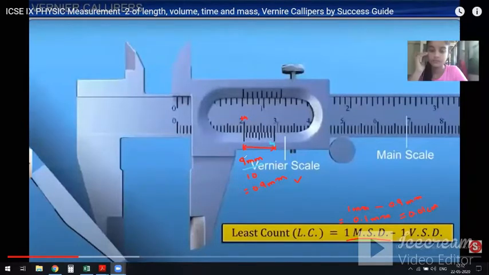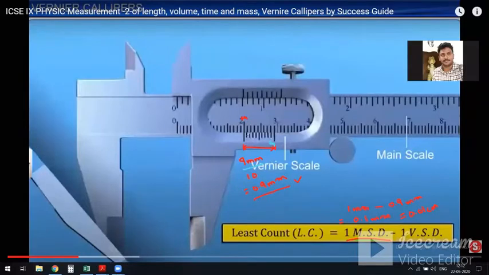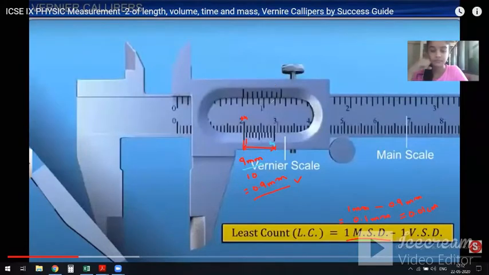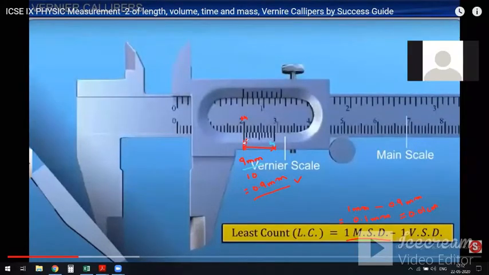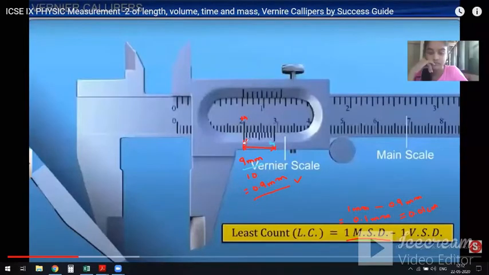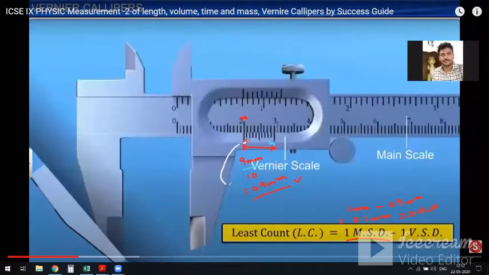See, this is the small value on the vernier. Can you see this? I am going to mark it with a white pen. So this is the small distance on the vernier, can you see? Yes, sir. This small distance is 0.9 mm, and from here to here on the vernier calipers, this distance is 0.9 centimeter.